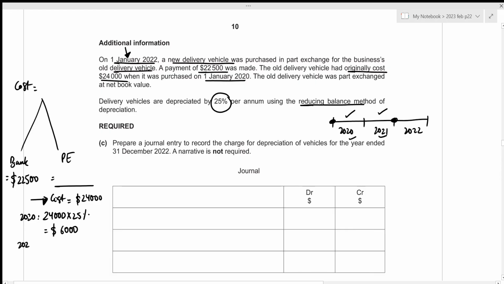Now let's figure out the depreciation for 2021. In this case our accumulated depreciation will be the depreciation of previous years. So the net book value is just going to be the cost minus the previous year's depreciation of 6,000, which is now the accumulated depreciation, multiplied by our rate of 25%, which results in the depreciation charge for the year 2021 to be 4,500.